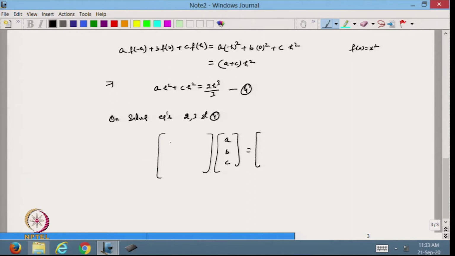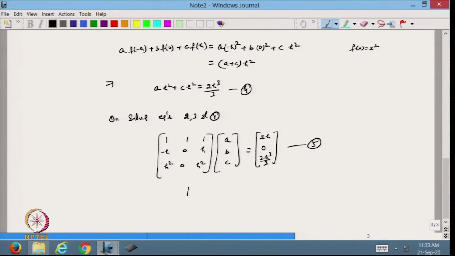The first row will be 1, 1, 1, because the first equation was a plus b plus c equal to 2h. Then the next one was minus h, 0, and h, equal to 0. And the last one is h square, 0, and h square, because it is a h square plus c h square, equal to 2h cube by 3. So, this is equation number 5.